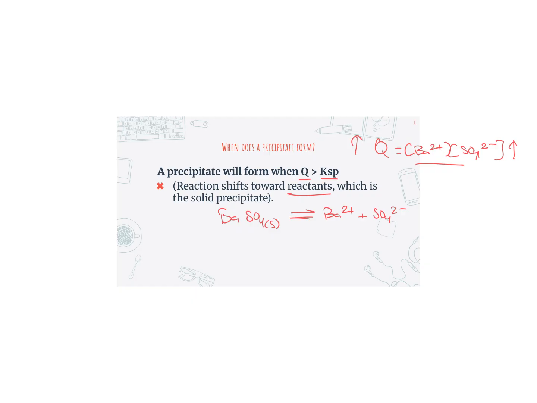If the concentrations there are high, based on Le Chatelier's principle, it wants to go left. And so when Q is larger than KSP, you get precipitation. And that's how we can determine if a reaction will precipitate or not.